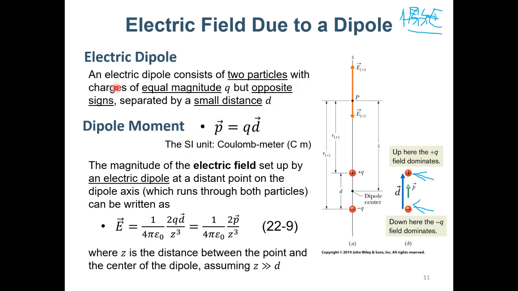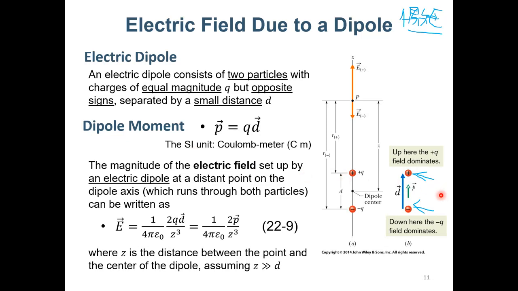Two particles with charge of equal magnitude Q, but opposite signs, separated by a small distance d. This distance is fixed, so that these two charges form the dipole.